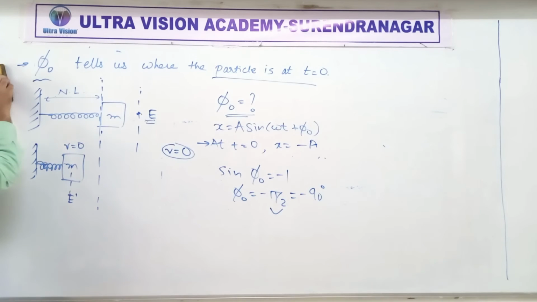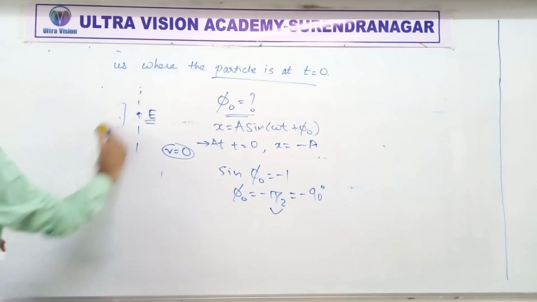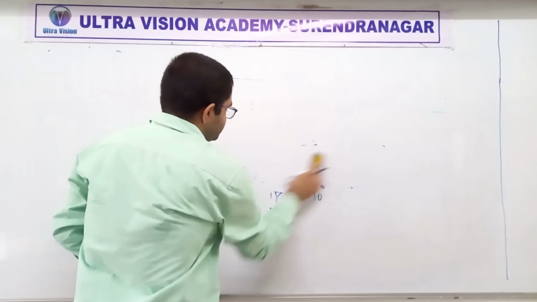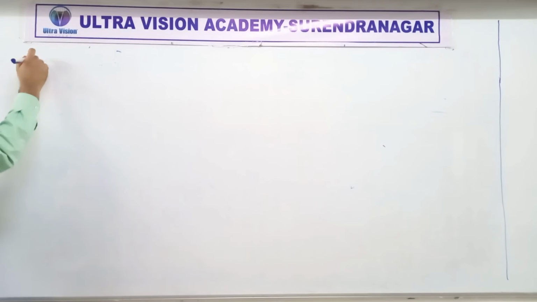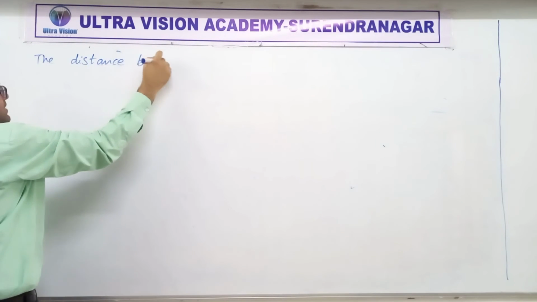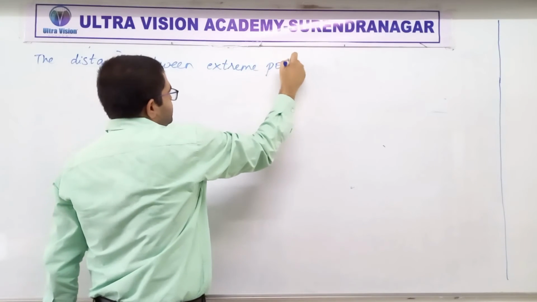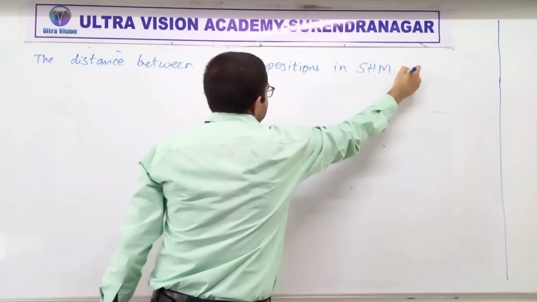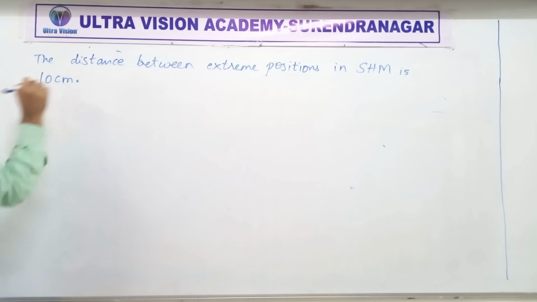Okay, fine. Let's solve a very basic question using whatever we have learned so far. Suppose the distance between extreme positions in SHM is 10 centimeter.